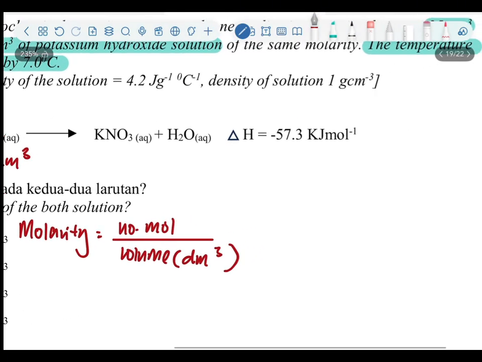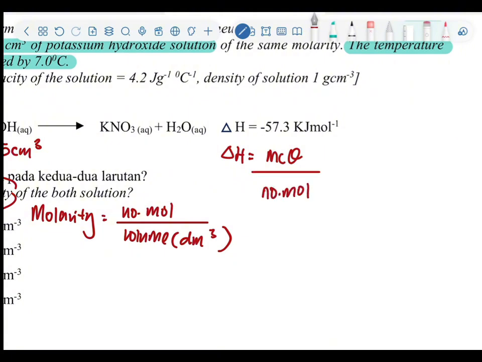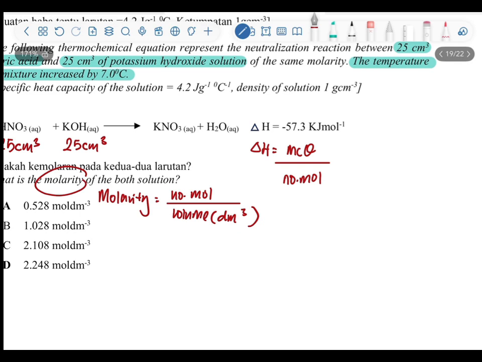And we have another equation which we can use, which is delta H equals mc theta divided by number of mole. Since we are given the delta H together with mc theta, it means that we can find the number of mole.